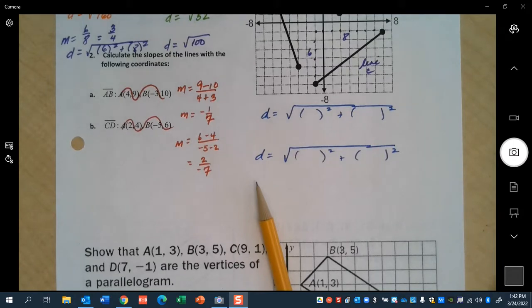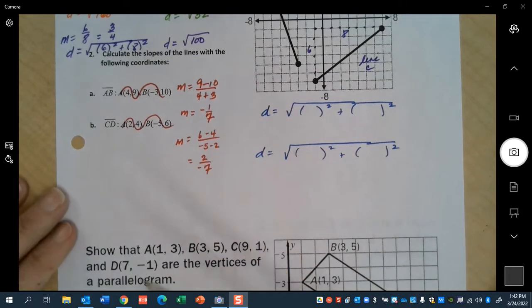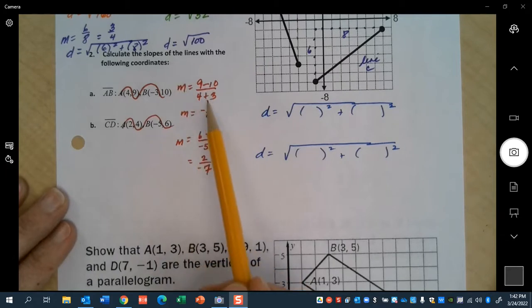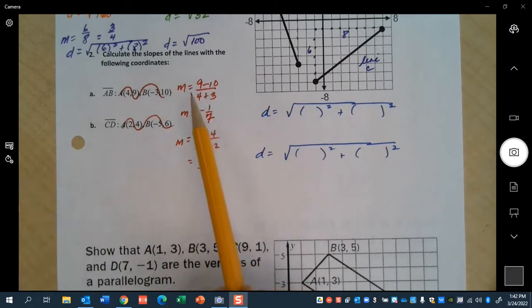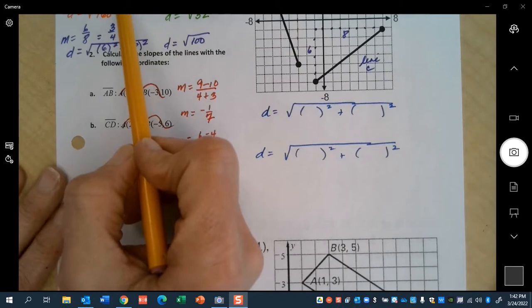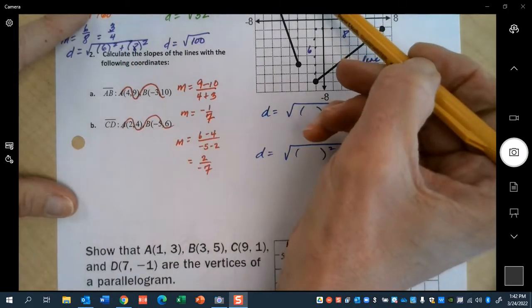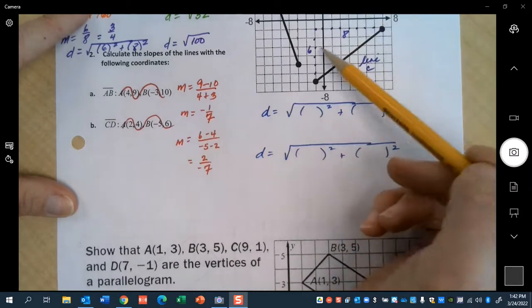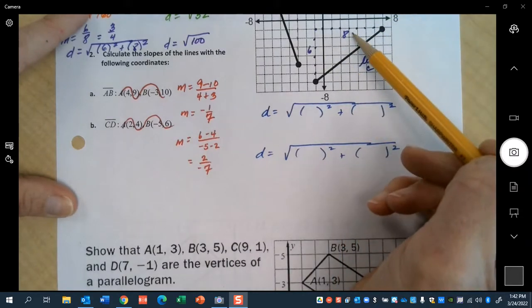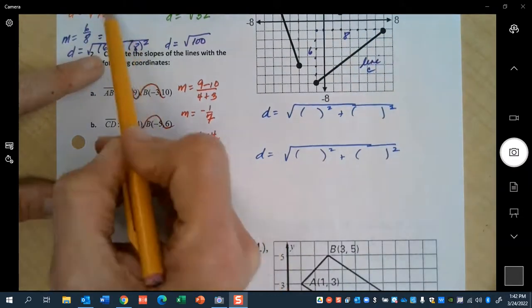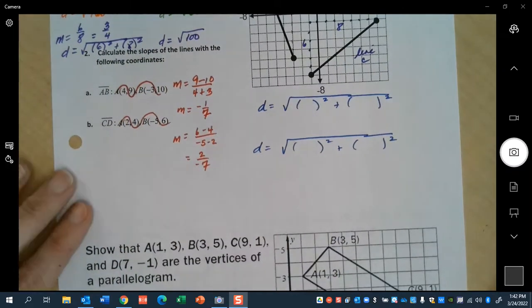Here's what's cool about the relationship between distance and slope. Once I find my difference between my x's and my difference between my y's, did you notice up here that this 12 and this 4, this 6, this 4, this 6, this 8, those are the same values that I used in my distance formula.